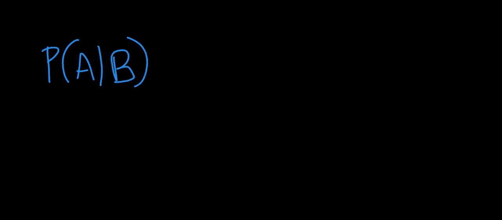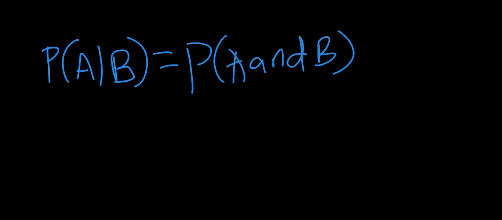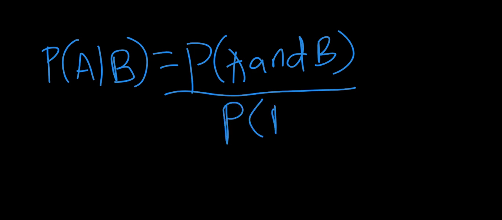So you see that we want to find the probability of event A happening given that event B has occurred. Well, Bayes' theorem states that this is the probability of events A and B happening divided by the probability of event B happening.